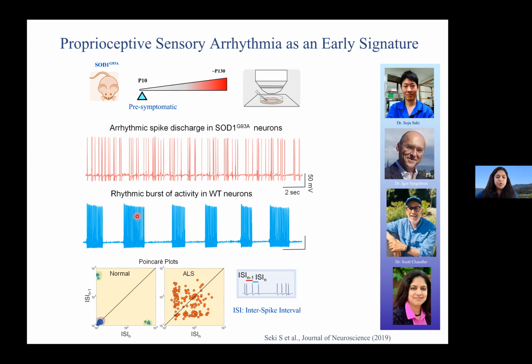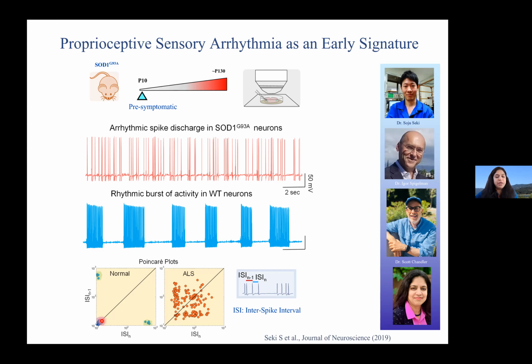For those of you who are wondering, these are action potentials, or electrical signals in the neurons that we are recording from. And this is just a Poincare plot of the interspike interval. These are spikes, and the time distance between these spikes are interspike intervals. And we are looking at two consecutive ones, the one at a certain time and its previous one here.